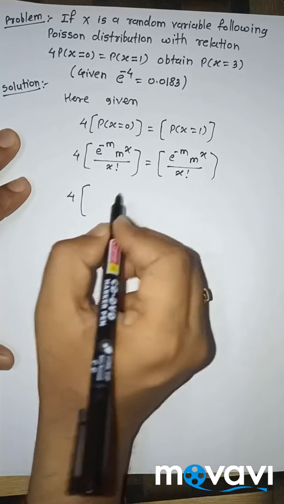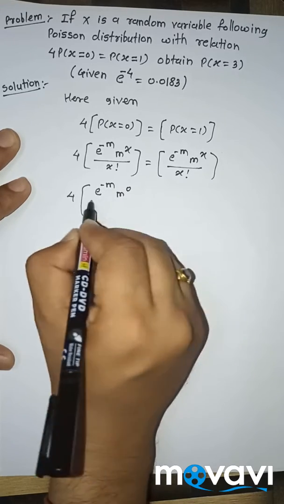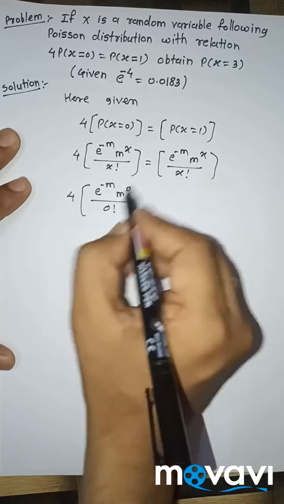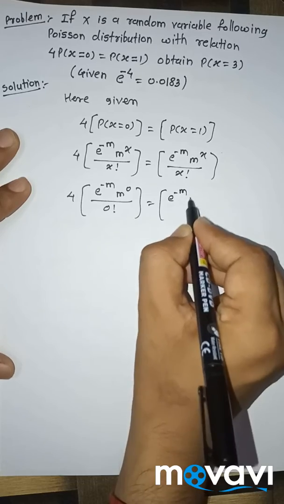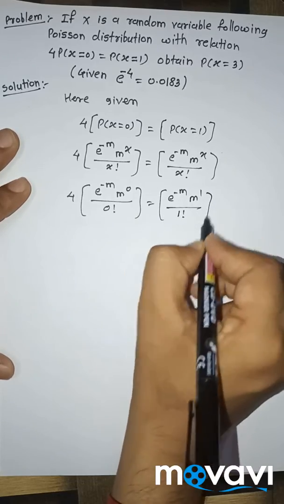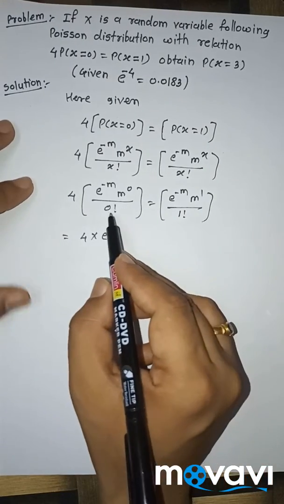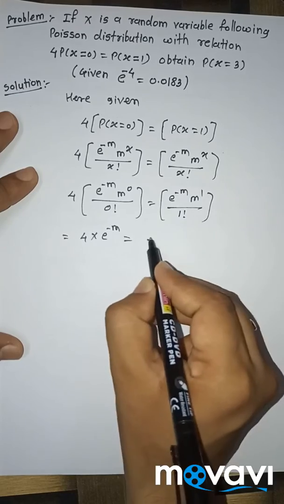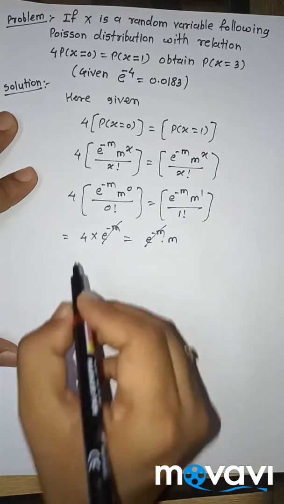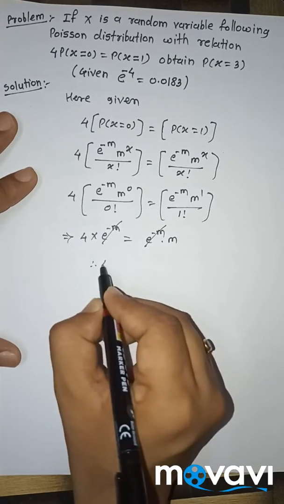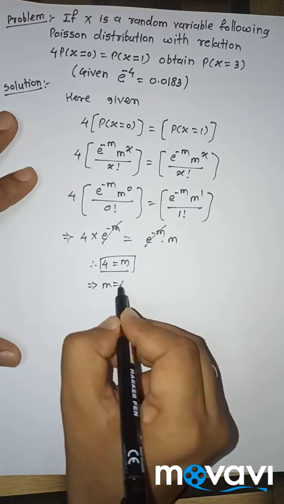Then we get 4 in bracket e raised to minus m, m raised to 0 upon 0 factorial, equal to e raised to minus m, m raised to 1 upon 1 factorial. m raised to 0 is 1, 0 factorial is also 1. This is equal to e raised to minus m into m. This e raised to minus m is cancelled with this e raised to minus m. Therefore, value of m is 4.